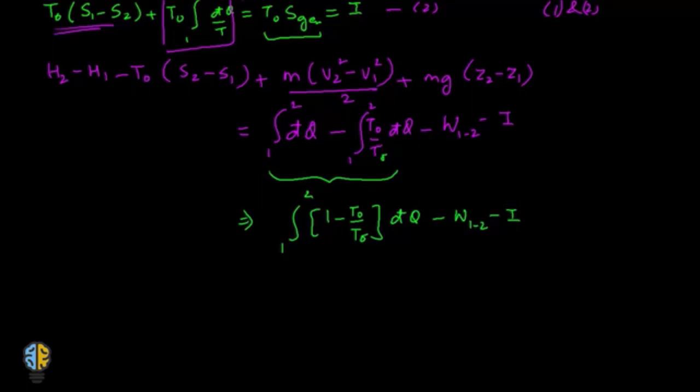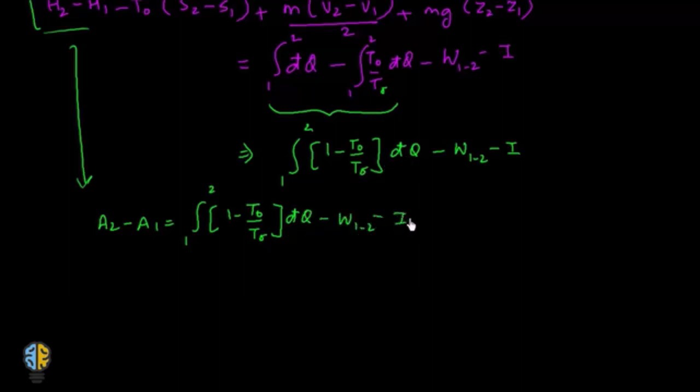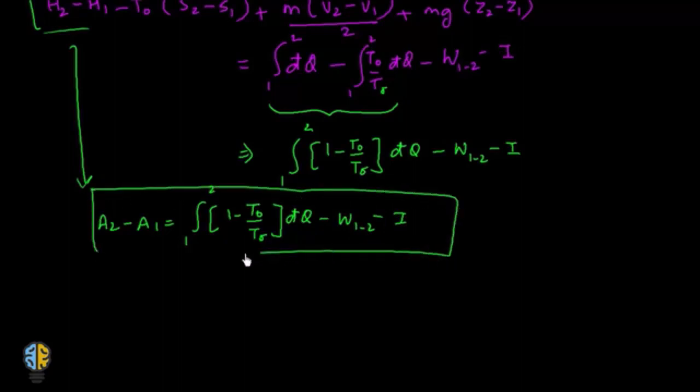The complete left hand side of this equation is the difference in the availability. So A2 minus A1 is equal to the integral 1 to 2 of (1 minus T naught upon T sigma) dQ minus W12 minus I. This is the equation for the difference in the availabilities.